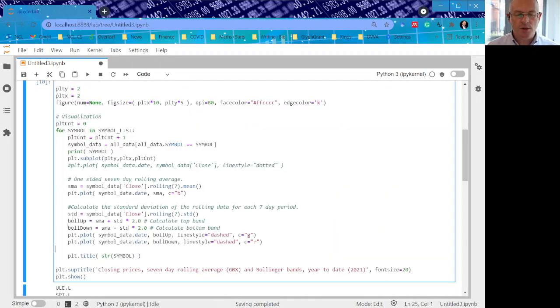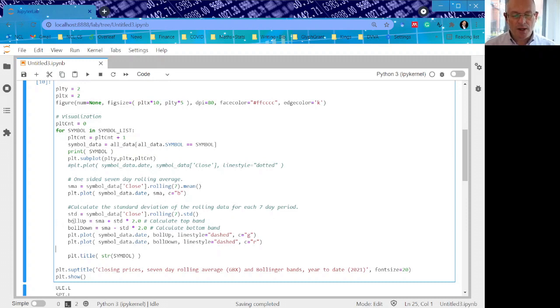We've added in the code to calculate the Bollinger Bands. So from that, we need, in exactly the same way we calculated the rolling mean, we need the rolling standard deviation. So instead of calling mean for each weekly 7-day period, we calculate STD, which calculates the variance and then the standard deviation for each 7-day period. And that gives us a list, as SMA gives us a list.